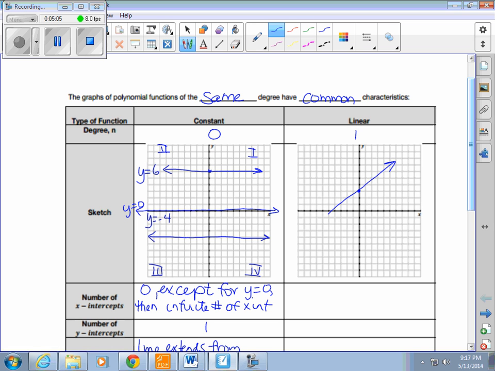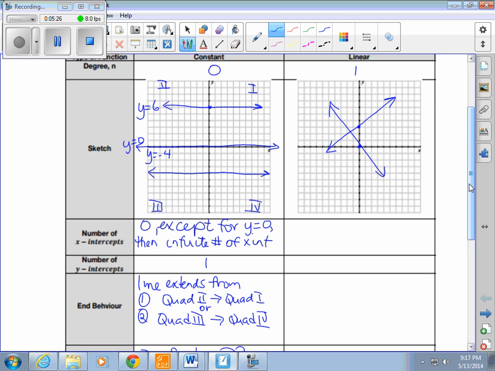So you can just draw basically whatever line you want. So this would be a positive slope, or we could have a graph going through the origin, so it would look like this. So if it's linear and it has a degree of 1, then it can go in any direction really, but it's not going to be straight up and down, and it's not going to be completely horizontal.